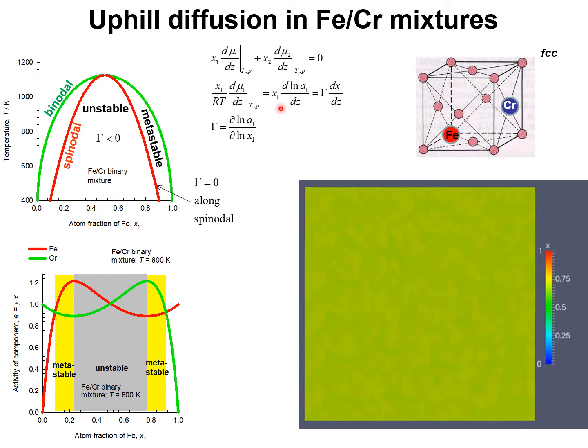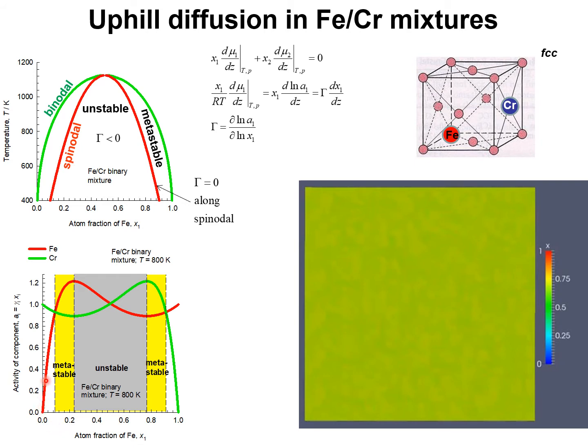What we note is that if gamma is less than 0, then the activity gradient is opposite in sign to the gradient in the atom fraction. To illustrate this, let us consider the calculations of the activities at a temperature of 800 Kelvin.